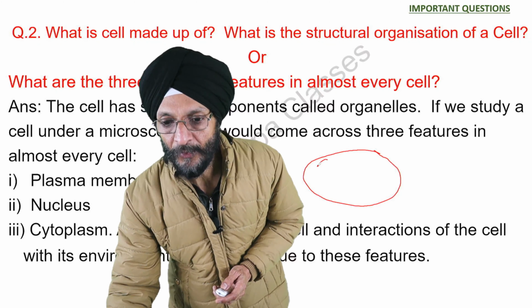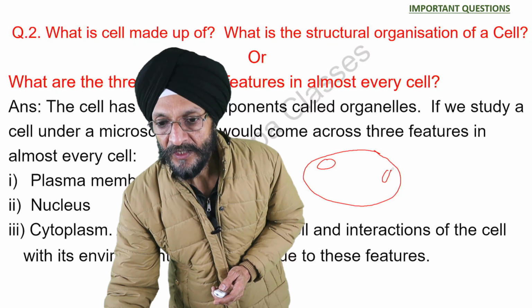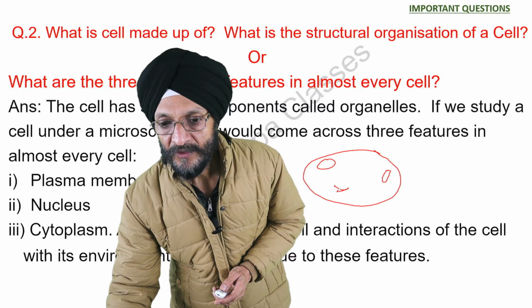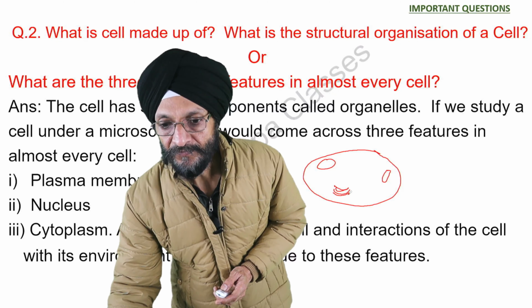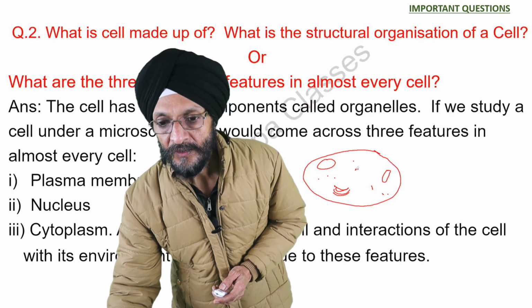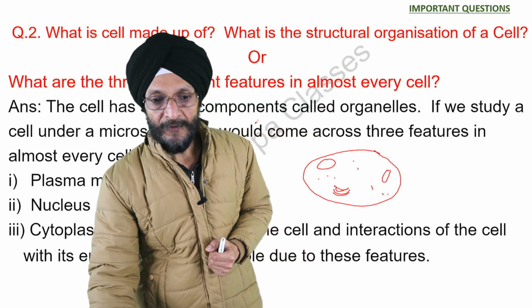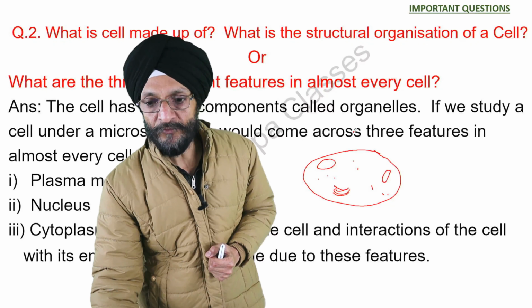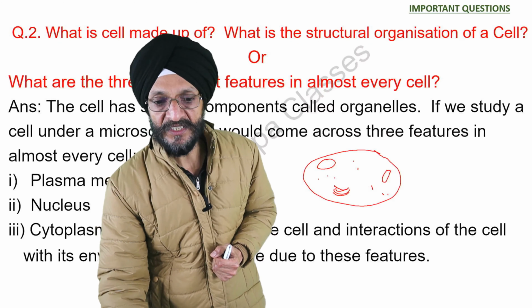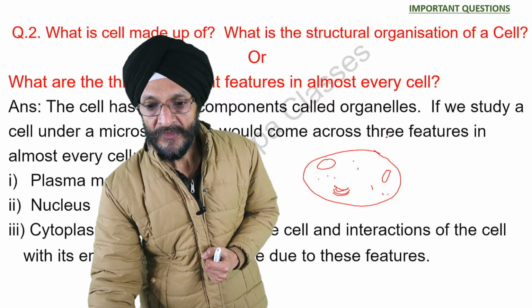There are different components in the cell. If we study a cell under a microscope, we would come across three features in almost every cell.